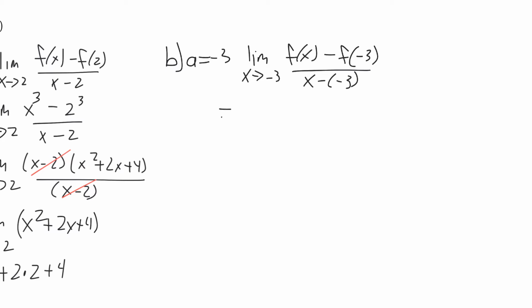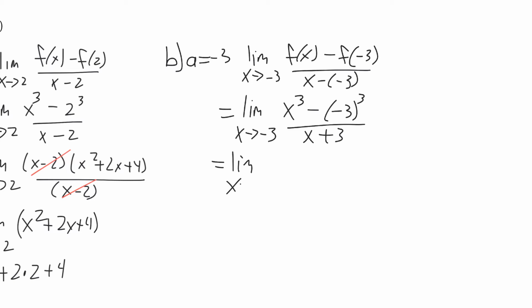Again, we can write f of x as x cubed. So the limit as x approaches negative 3 of x cubed minus negative 3 cubed over, and we could simplify that to x plus 3. So a little bit of arithmetic on the top will give us x cubed plus 27.